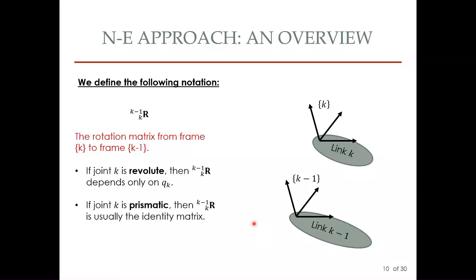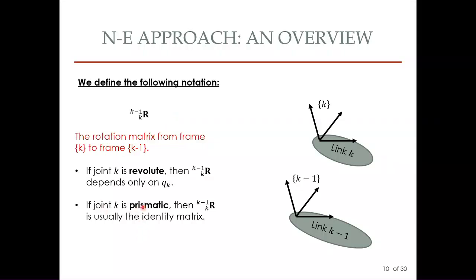And this is the rotation matrix from k to k minus 1. If you want to have one of the common rotation matrices, just assign your frames in such a way that you have this alignment with the axis of the joints.